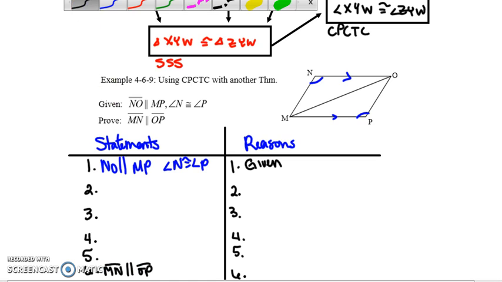Okay. So we need to prove our triangles congruent, then we can use CPCTC, and then we'll use another theorem after that, after CPCTC, to get parallel lines, because we know to prove parallel, we're going to need converse of something.